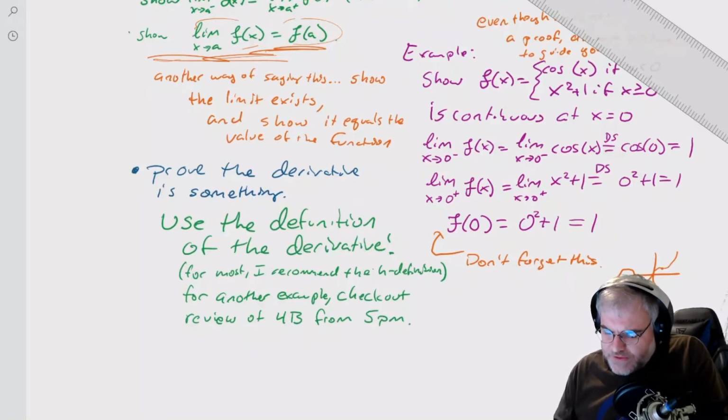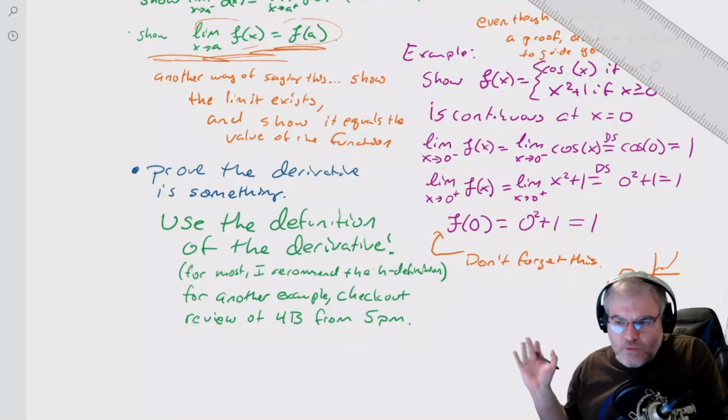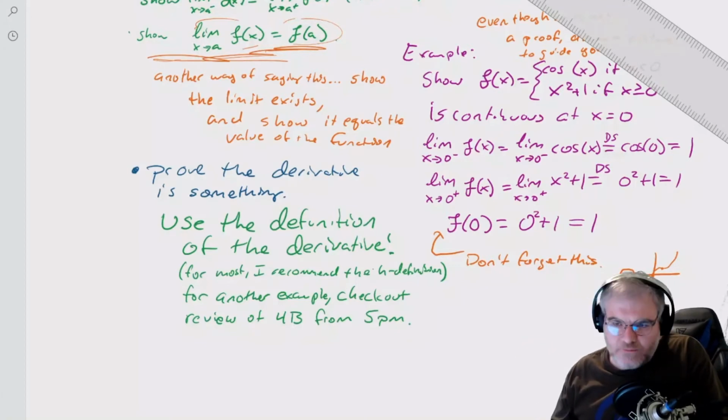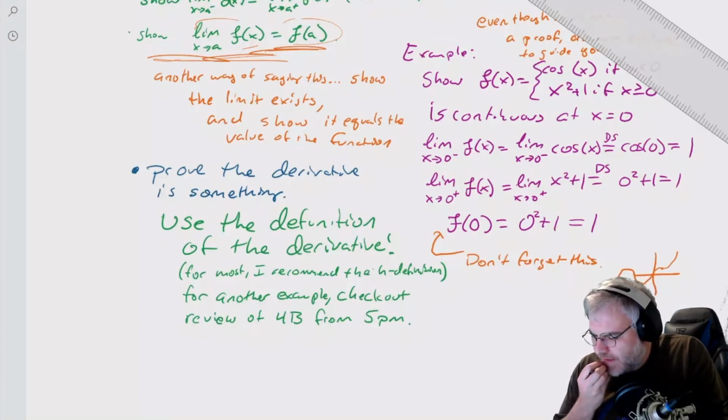But you have to use the definition of the derivative. If you use the power rule, or the sum rule, or the constant multiple rule, you're going to get smacked in the face. Any questions about that?